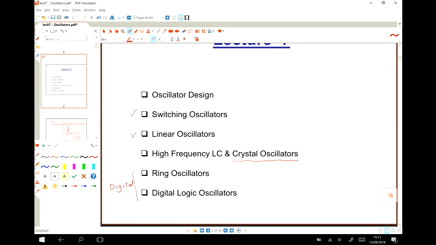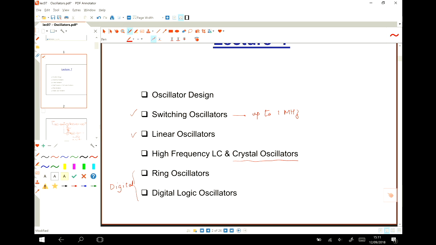If I want to categorize them in terms of the frequency that they cover, so switching oscillators maybe are working up to hundreds of kilohertz. So these are up to, I don't know, 1 megahertz maybe, or less, because mainly they are working based on the op amps.